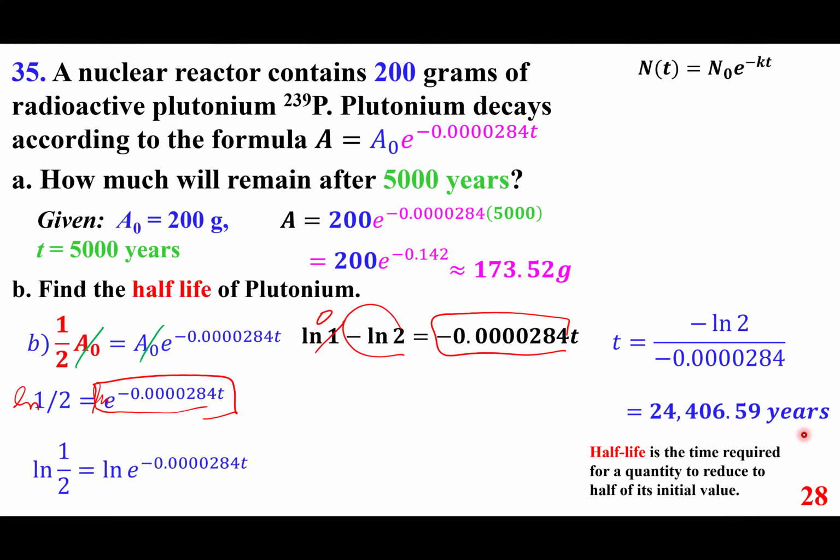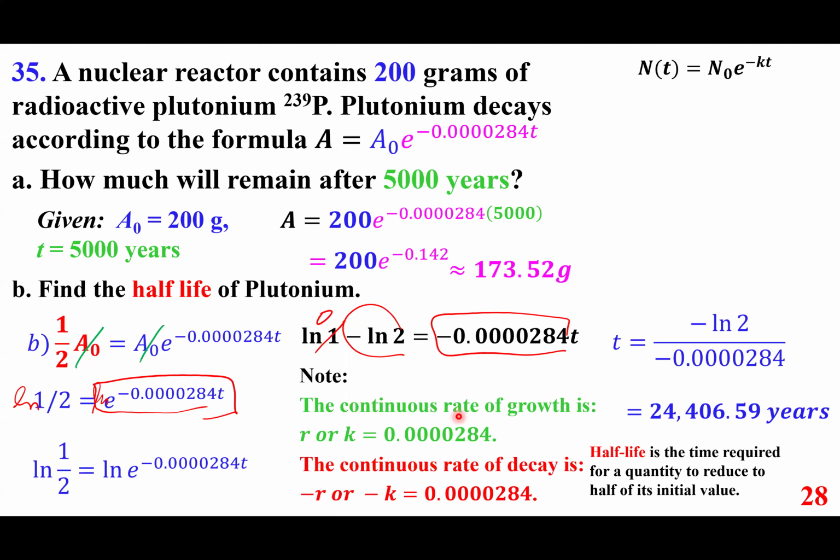Now, one thing I want to add, the continuous rate of growth is r or k, the number sitting next to t without the negative or positive. The continuous rate of decay is negative r or negative k, 0.0000284. Okay.